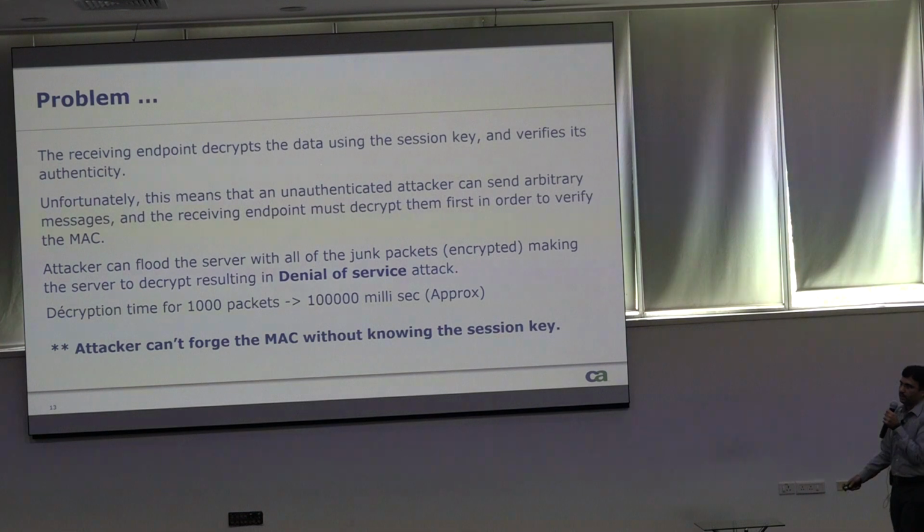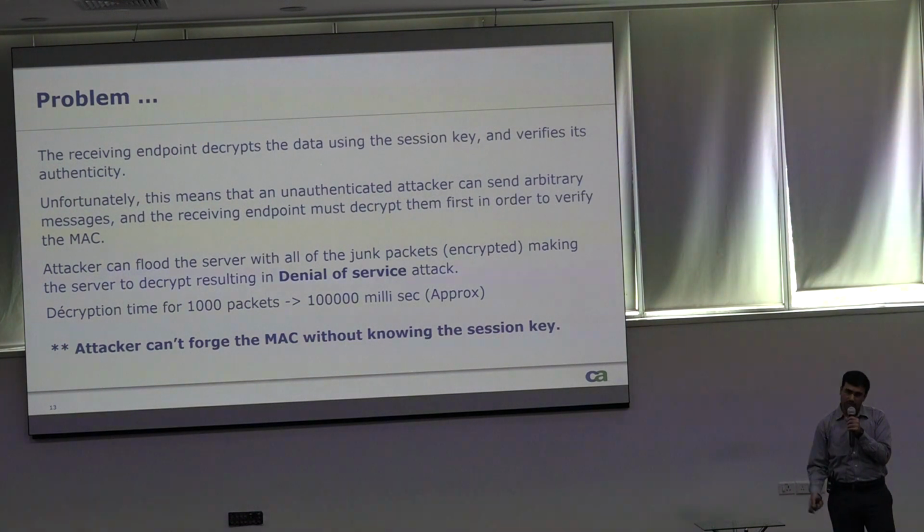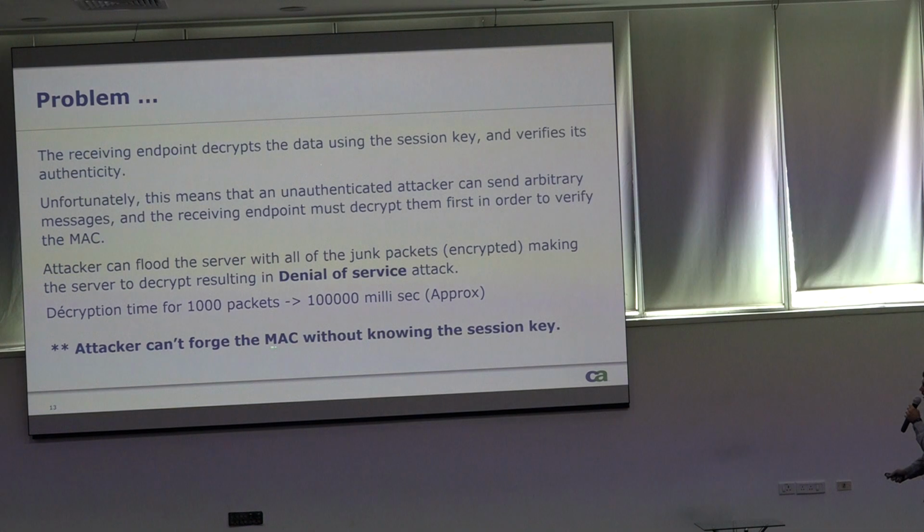The MAC is computed on the plaintext using the session key. So the attacker should know the session key to recompute the MAC and attach it to the modified packet so that the server will accept it. But the attacker cannot do that. Why? Because he should know the session key to compute the MAC. But the session key is private to only the client and server.